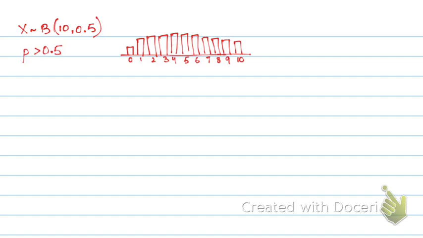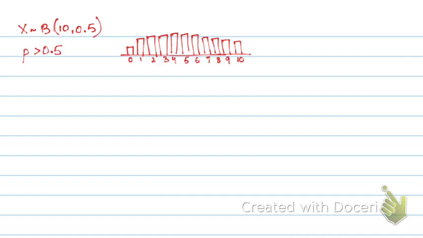You have to calculate probabilities of the bars starting from the right hand side, that is from 10. You add them up and go all the way till the sum is as close to 5% as possible, such that when I add the next bar it tips me over 5%.